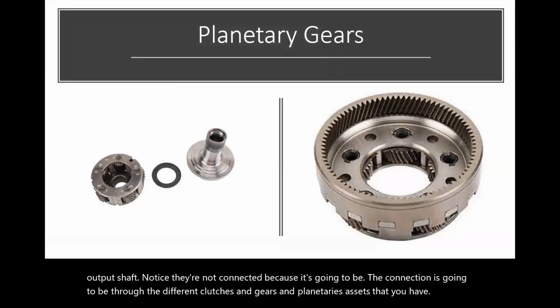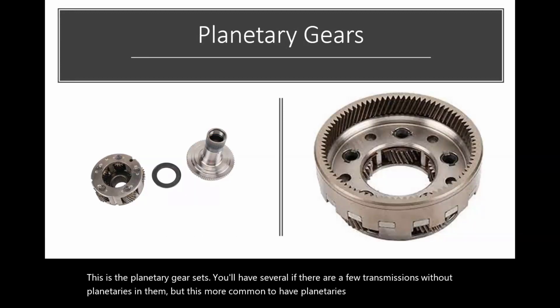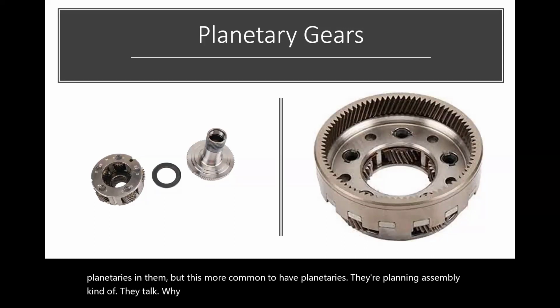This is the planetary gear sets. You'll have several. There are a few transmissions without planetaries in them, but it's more common to have planetaries. Why do they call it the planetaries? If you look at it, they kind of look like a planet.